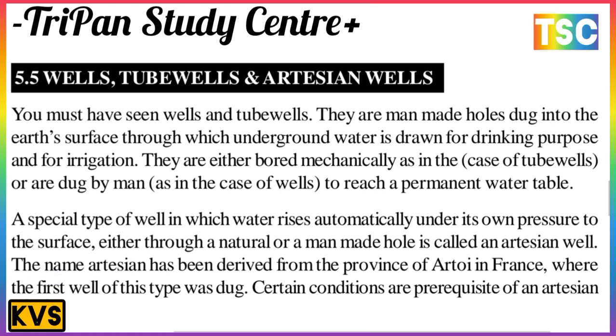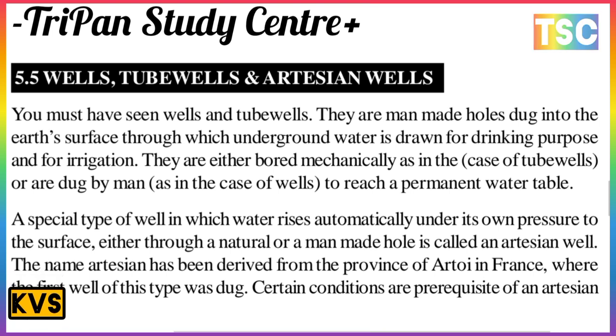A special type of well in which water rises automatically under its own pressure to the surface, through either a natural or man-made hole, is called an artesian well. The name artesian is derived from the province of Artois in France, where the first well of this type was dug.